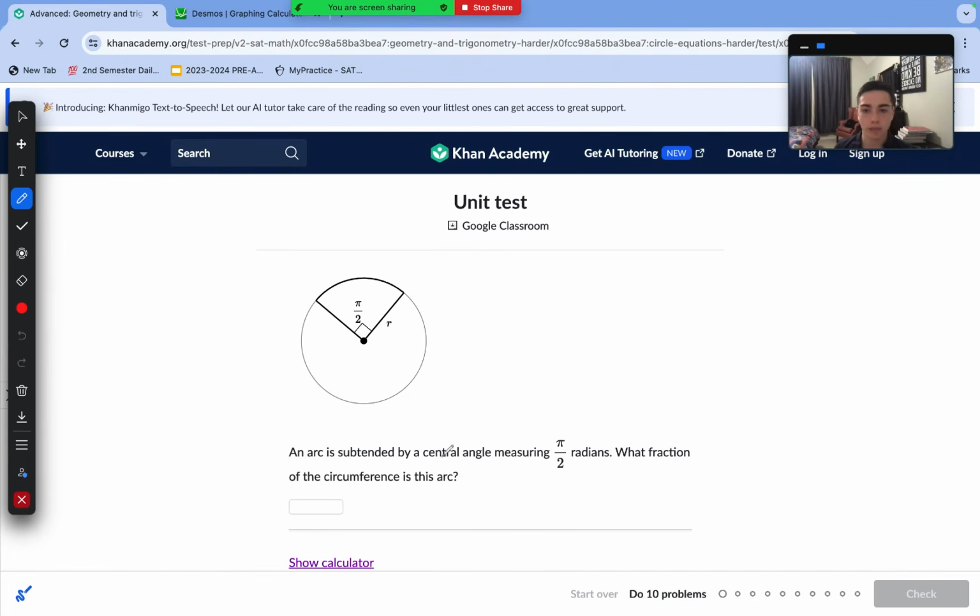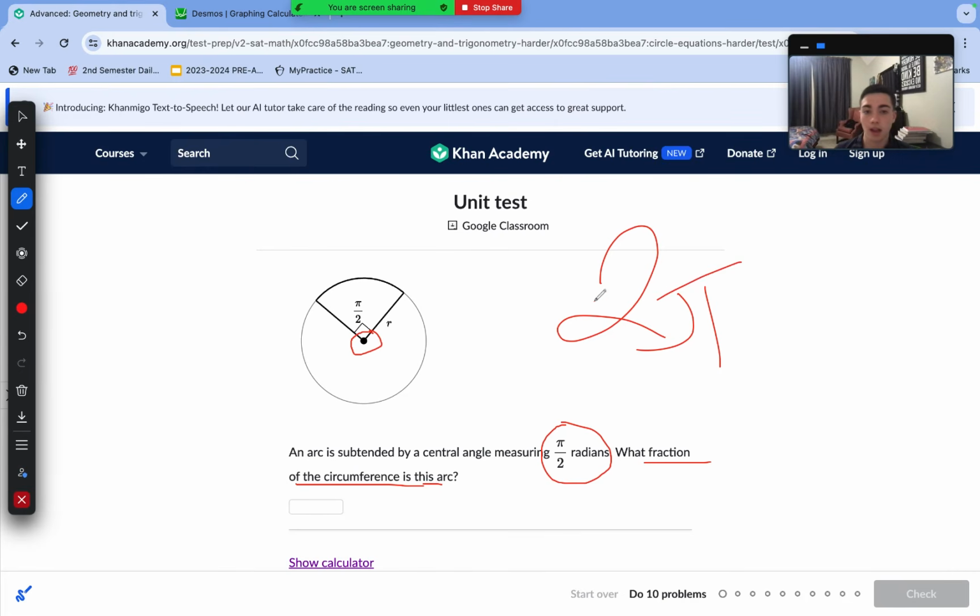An arc is subtended by a central angle measuring pi over 2 radians. What fraction of the circumference is this arc? Real quick, we know that since the central angle measures 360 degrees, the circumference of a circle is represented by 2 pi.